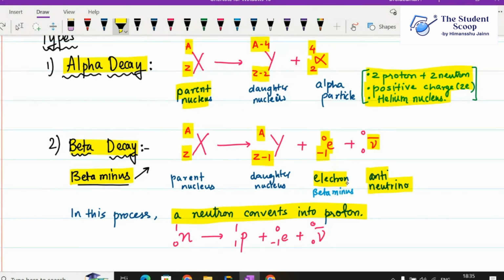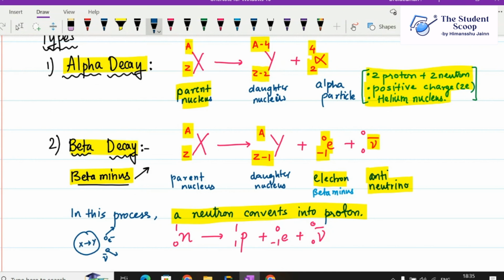The positive and negative cancel out, and that's the reason why an electron is simultaneously released. Now, the electron and this new particle, the antineutrino, will be released outside the nucleus, and the nucleus will turn from X to Y.